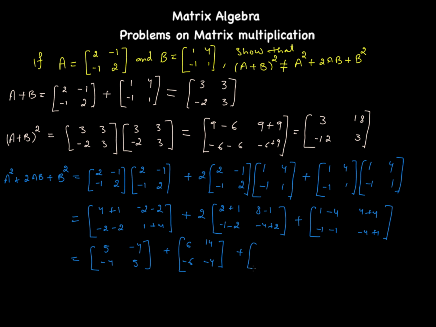Then we got 1 minus 4 is -3, 8, -2, and -3.